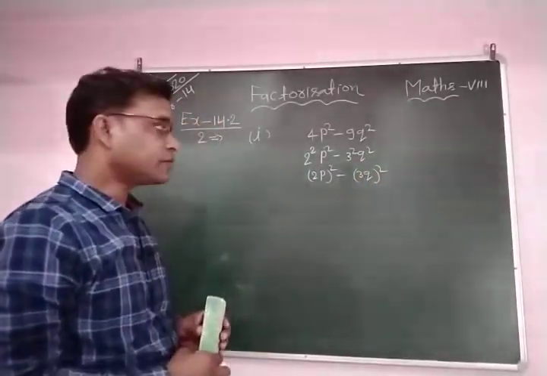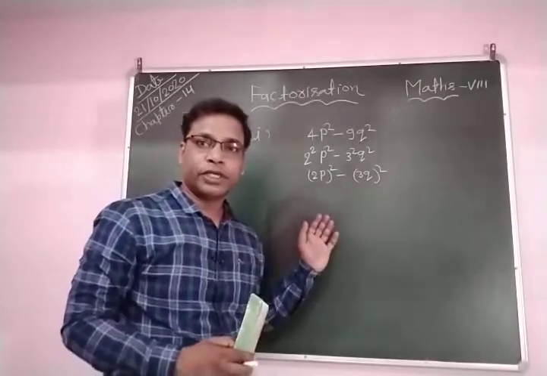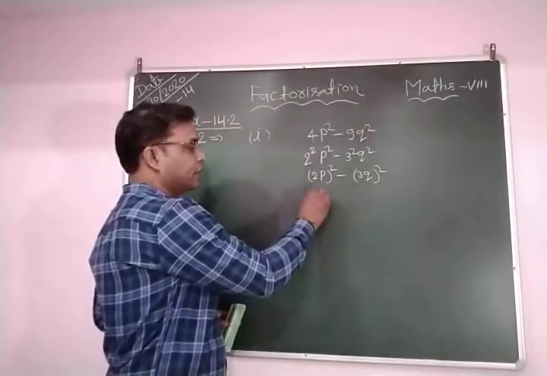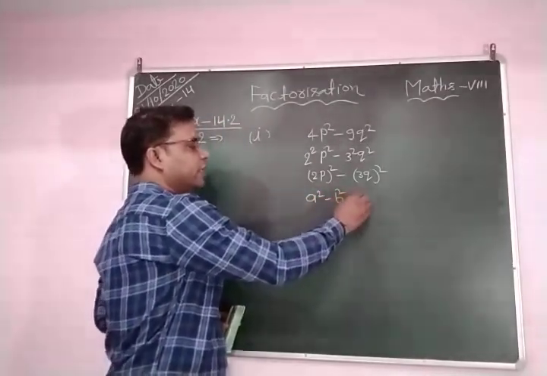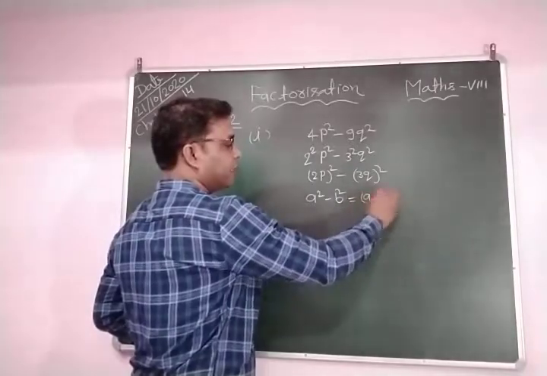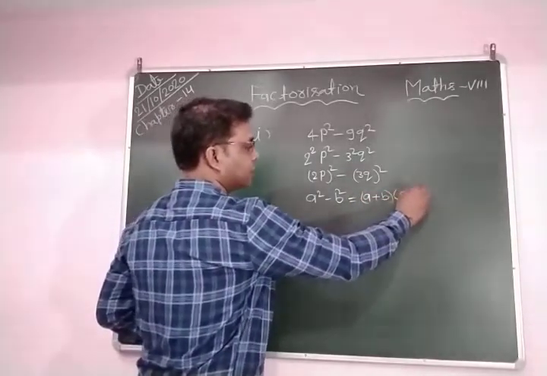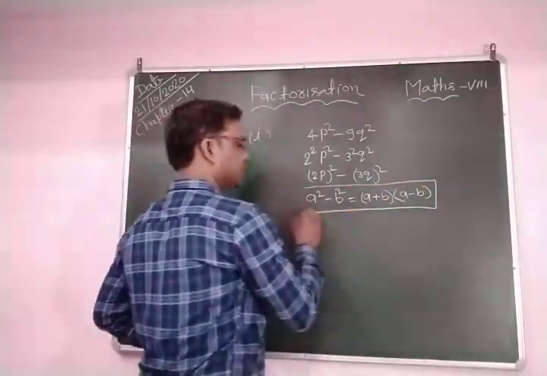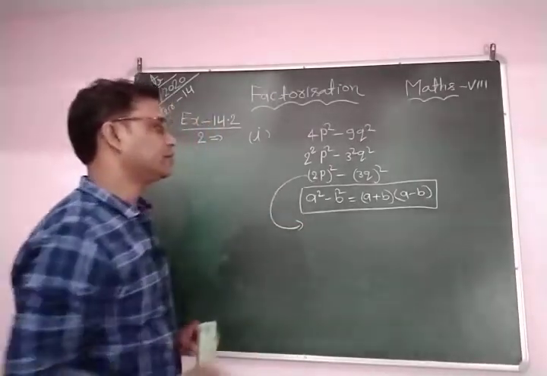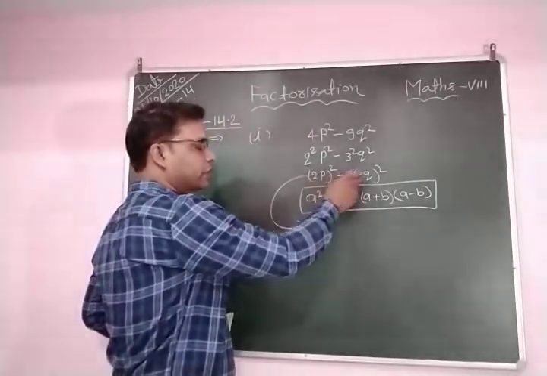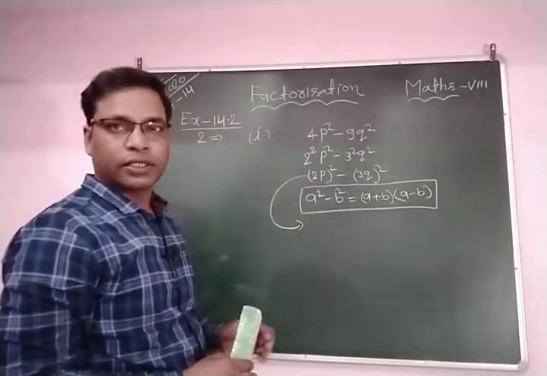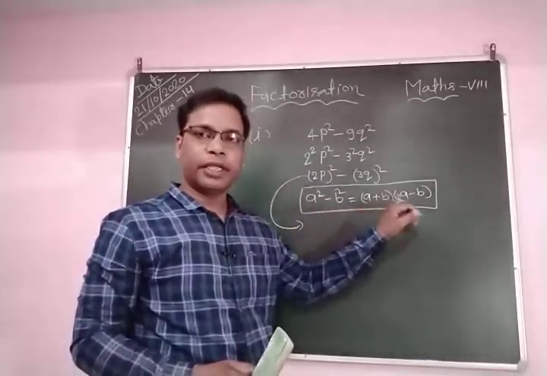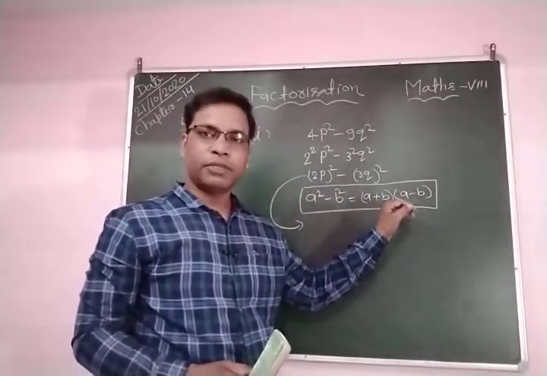Clear? And we use here the third identity. What is the third identity? If a square minus b square, the difference of two squares, then a square minus b square is equal to a plus b in one bracket into a minus b in the second bracket.